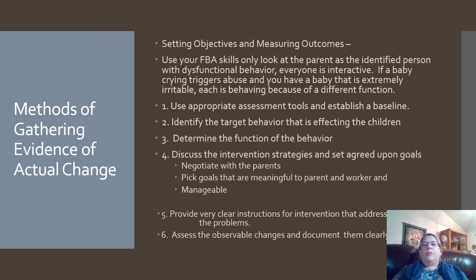So we've done all these assessment tools, right? And we've developed basically through the process of this an FBA. You've looked at the baseline of the parents' behavior. You've used assessment tools that we found in the book.